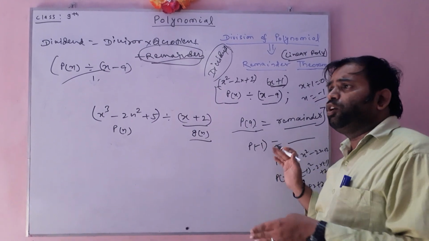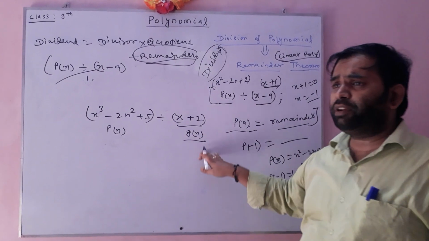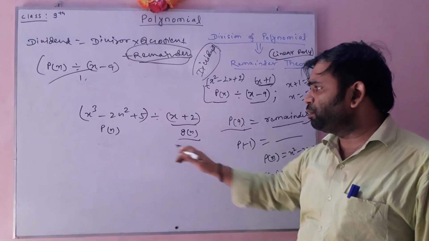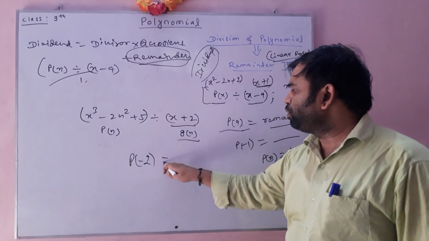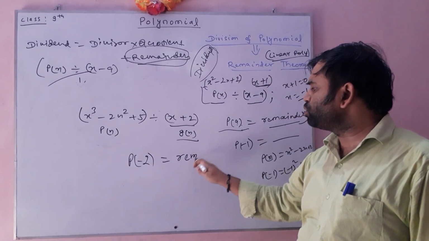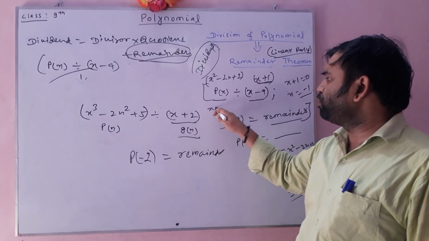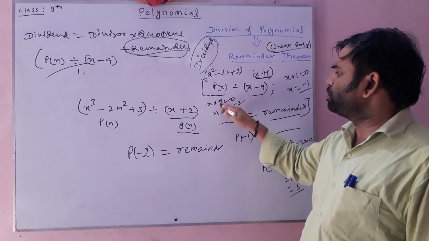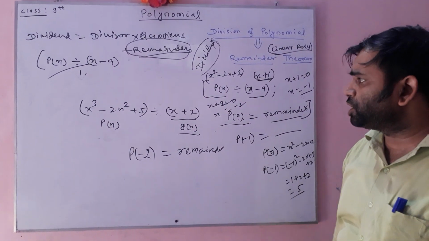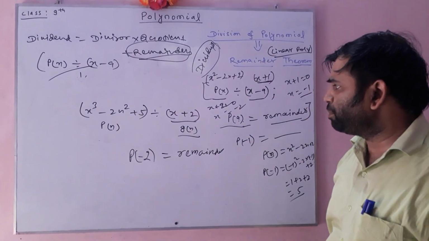Now, how do we get the remainder here? One process is the long division method, which we have seen, but here we will find this value by the remainder theorem. So p(-2) is equal to the remainder. How? x plus 2 is equal to 0, so x is equal to minus 2. Our polynomial is x cube minus 2x square plus 5.